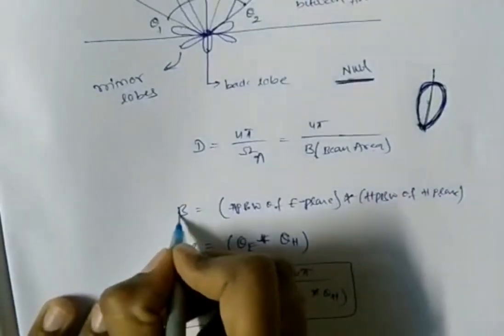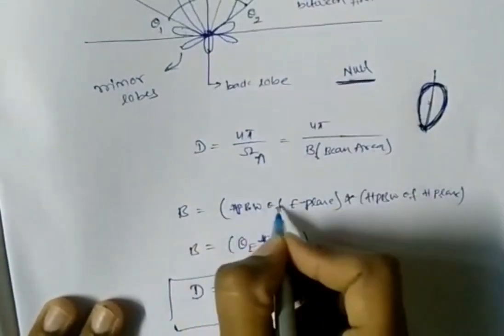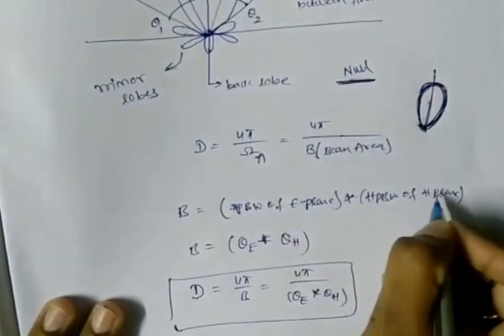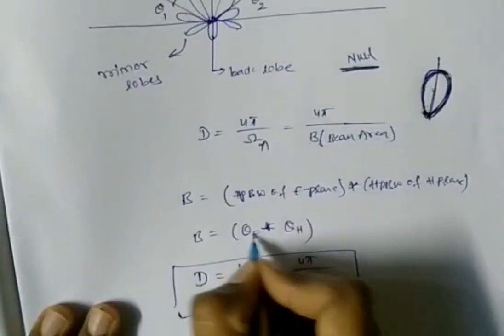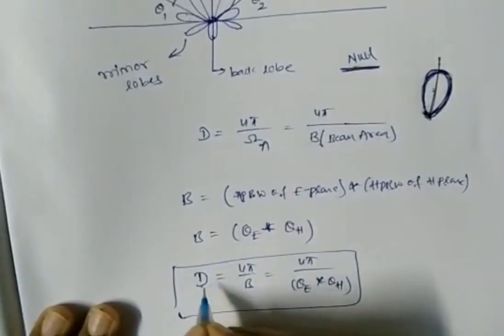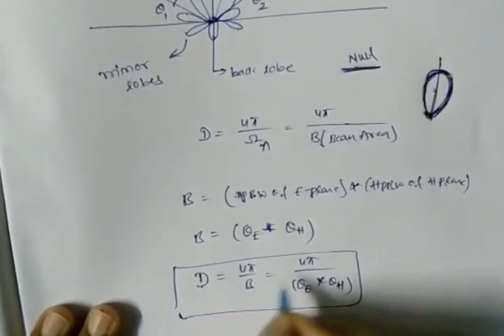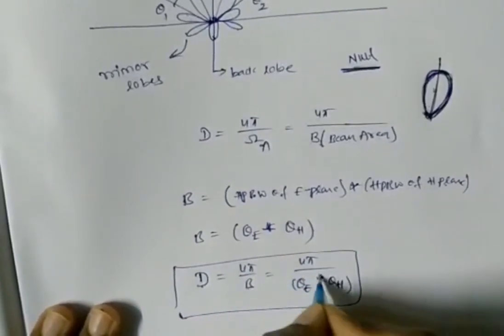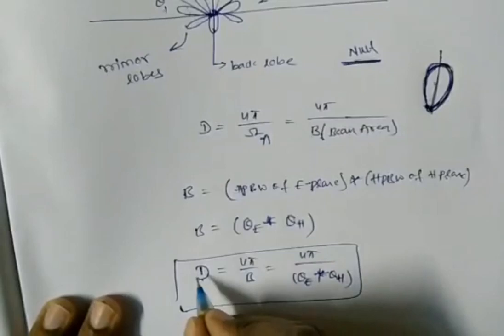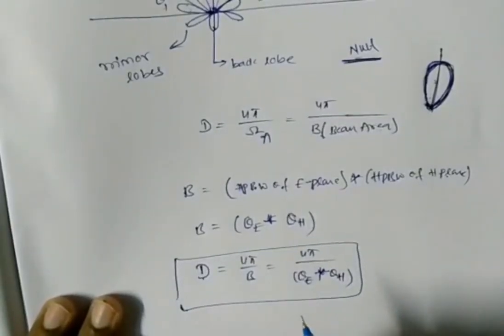So that's why I am writing beam area is equal to half power of the E plane and half power of the H plane. So that is theta E cross theta H. So I am getting the directivity as 4 pi by B, 4 pi by theta E cross theta H. Like this we are finding the directivity by using the beam width.